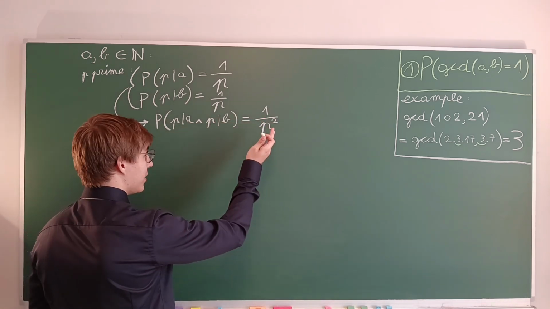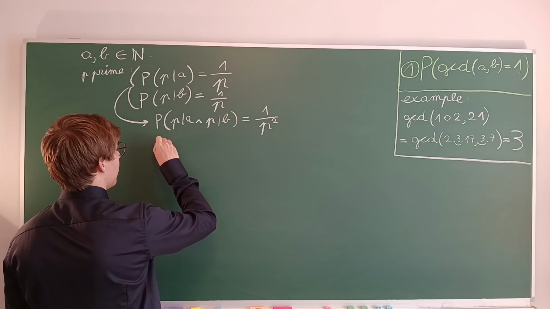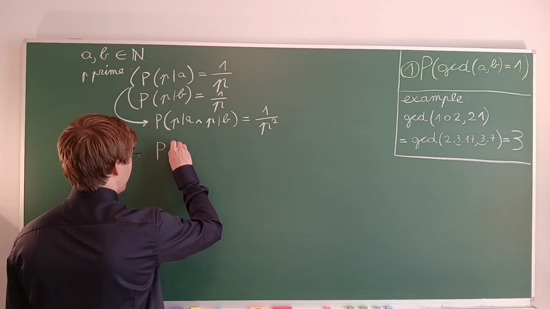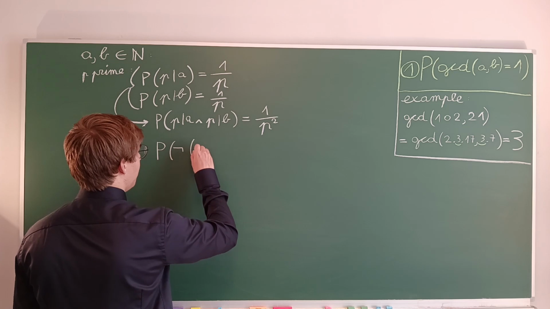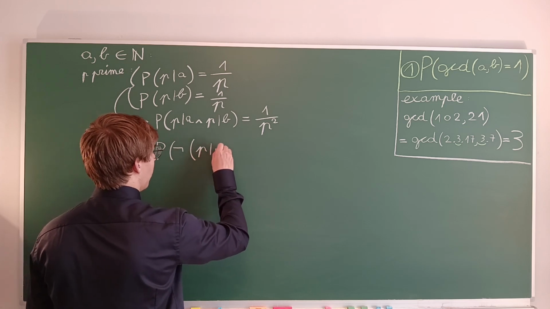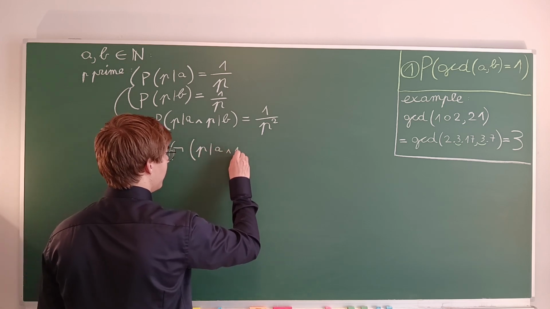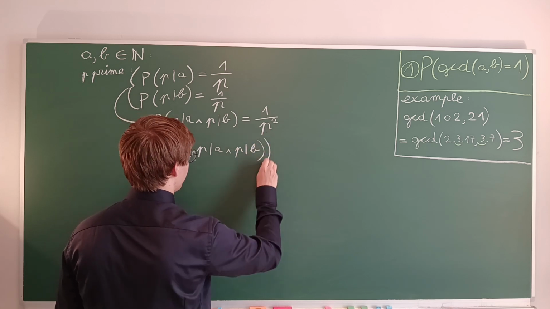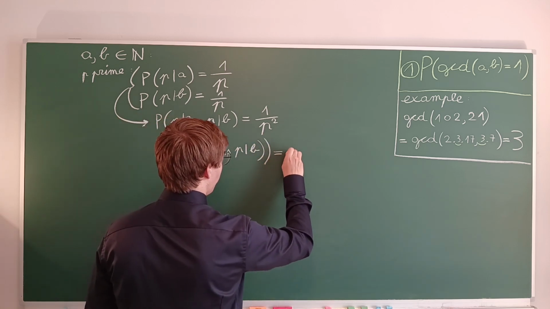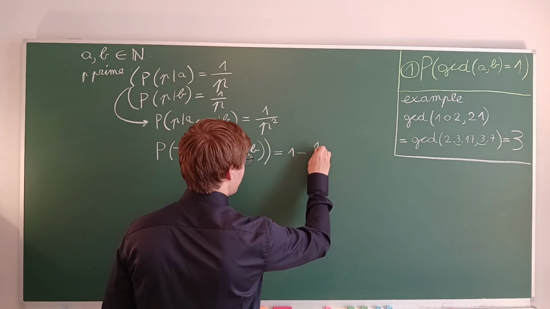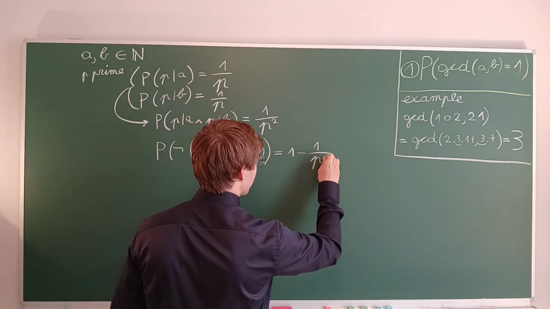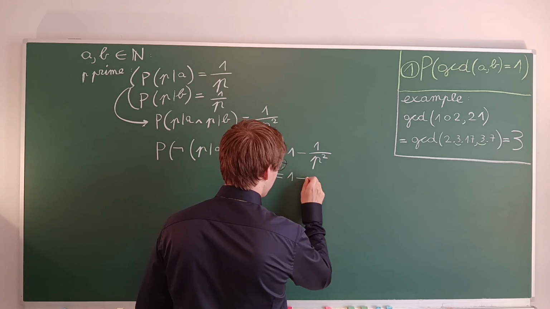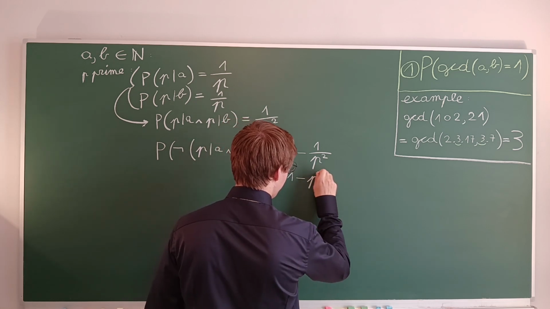So the probability that this doesn't happen, not (p divides a and p divides b), is equal to 1 minus 1 over p squared, which I will write as 1 minus p to the minus 2.